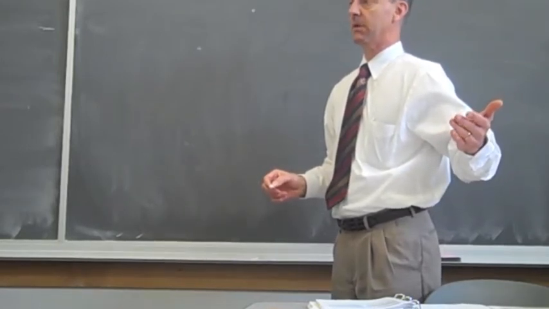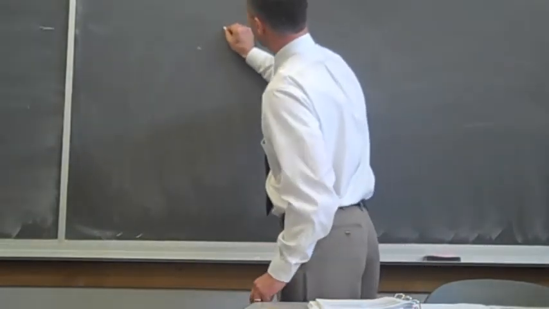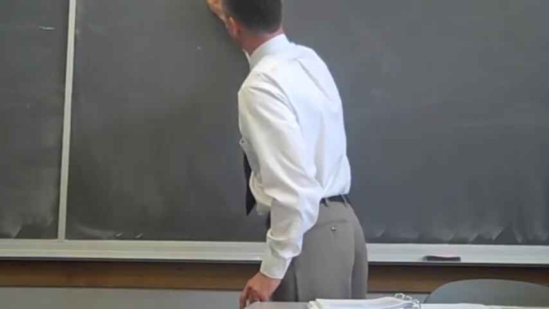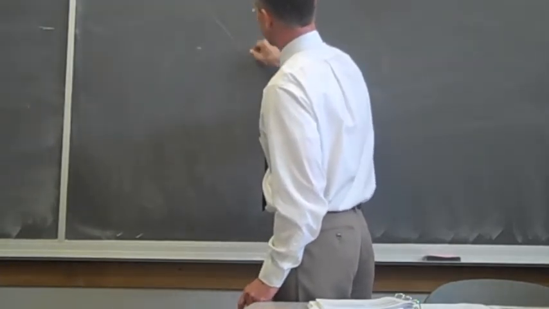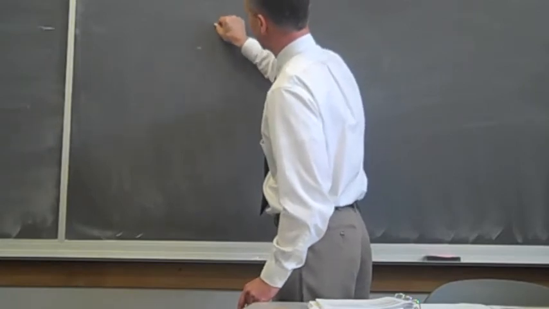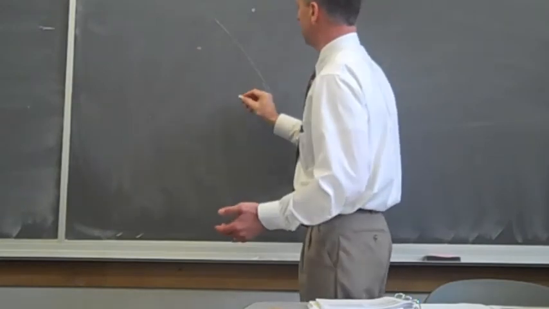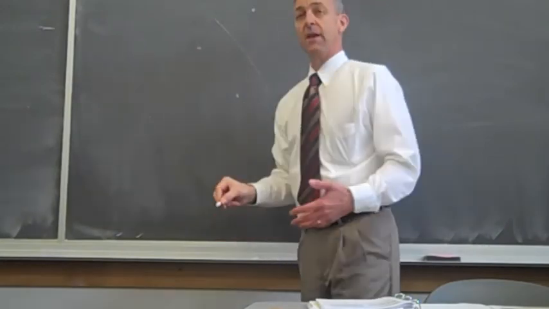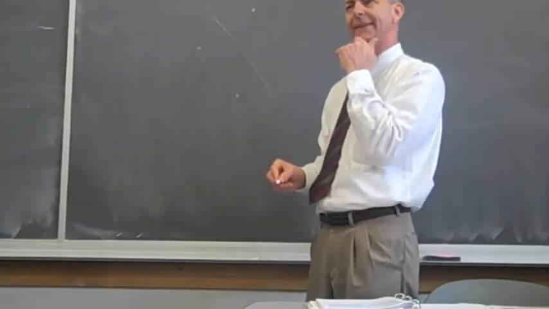Anywhere on the perpendicular bisector. So if I cut this in half and draw this perpendicular bisector, I can put the sprinkler here and the distance is the same, right? I could put it here and the distance is the same.